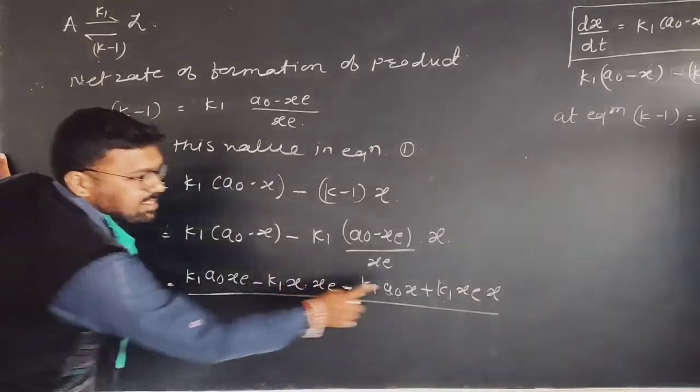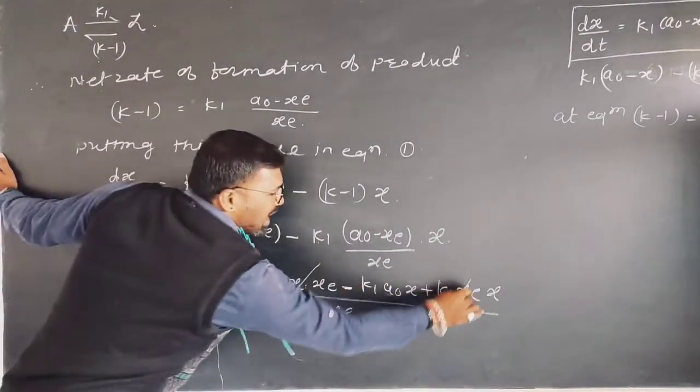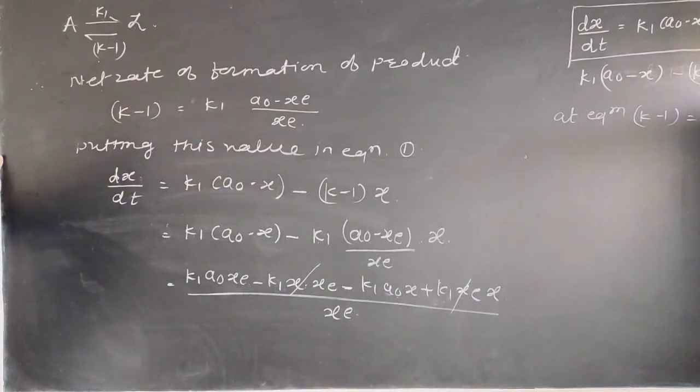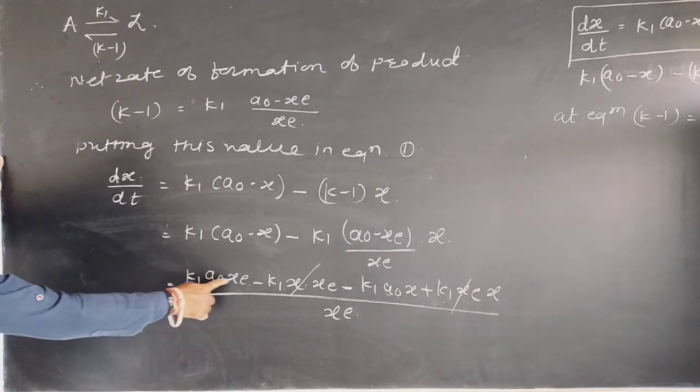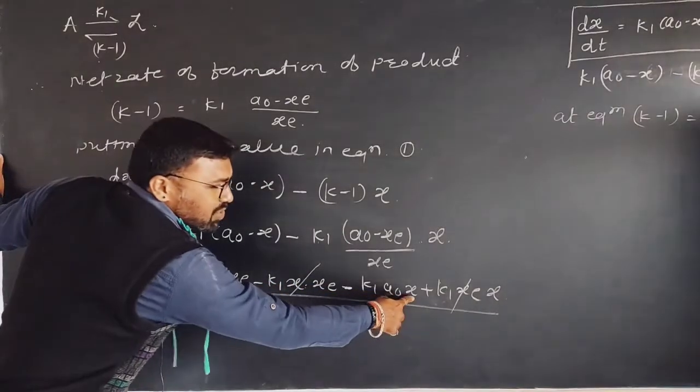Minus k1 x xe plus k1 x xe goes on cancelling. Only the remaining terms are k1 into a0 into xe and k1 into a0 into x.